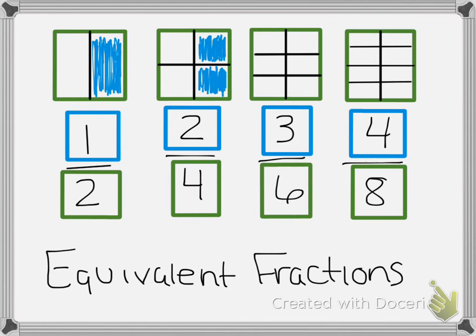Now moving right along to 3 over 6 or 3/6, I'm going to go ahead and shade in 3. And then I'm going to look over to 4/8 and I'm going to shade in 4.